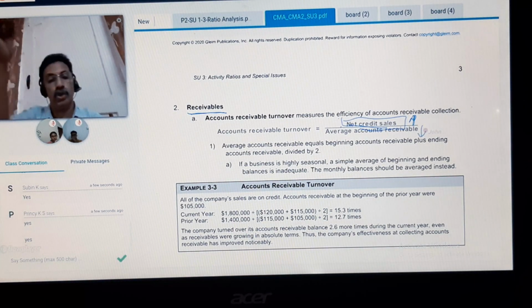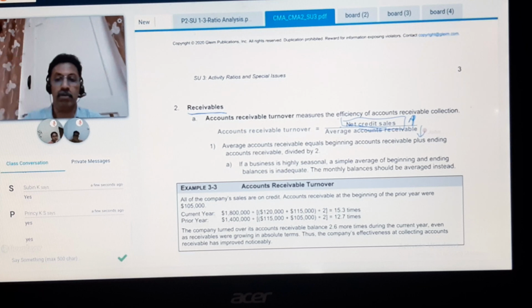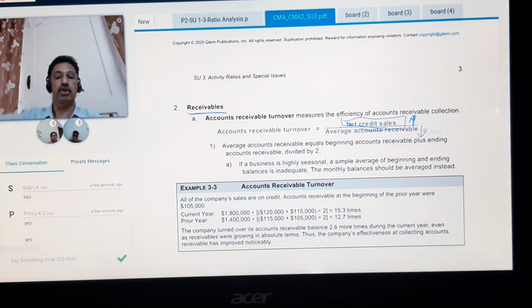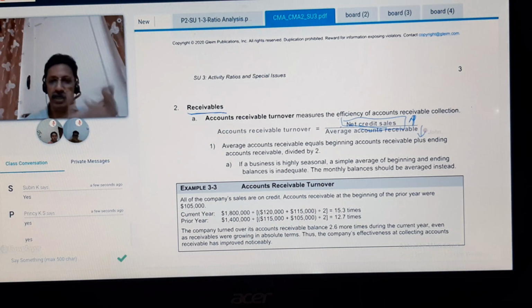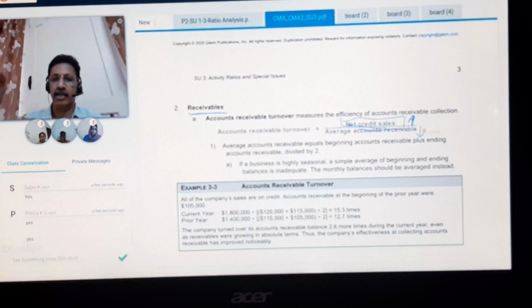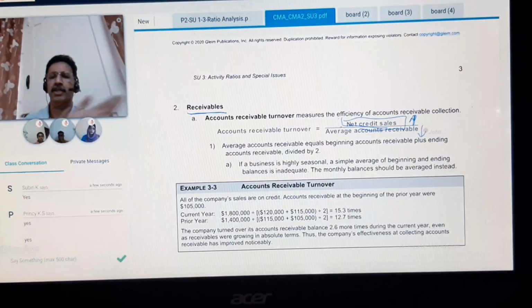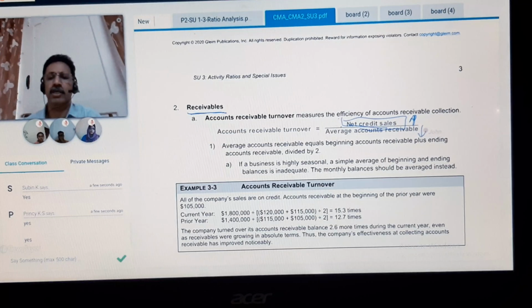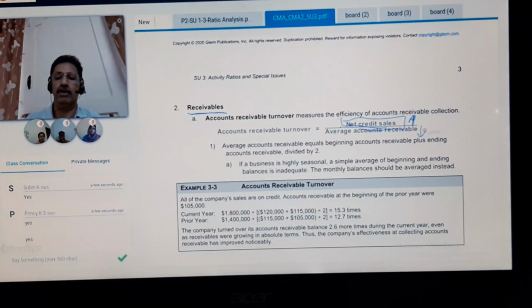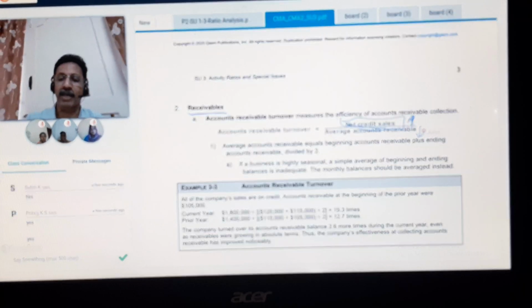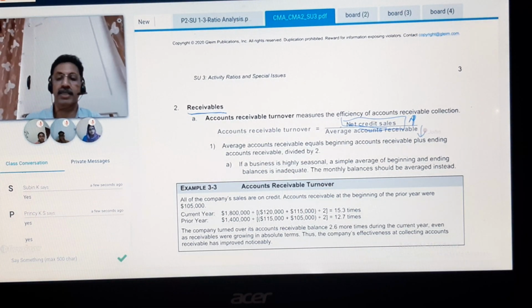A ratio will be increasing if the numerator is increasing or the denominator is decreasing. If the numerator is increasing, the ratio will increase. If the denominator is decreasing, then also the ratio will increase.